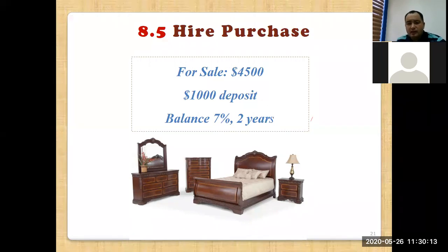Now, these days a lot of people are doing hire purchase, especially when they buy a car or a house. For example, if you want to buy a flat which is about $100,000, a lot of people may not have that much money now, but they have regular income, so they buy on hire purchase. They pay some amount, let's say $20,000, and the rest $80,000, and they make an agreement with the company.